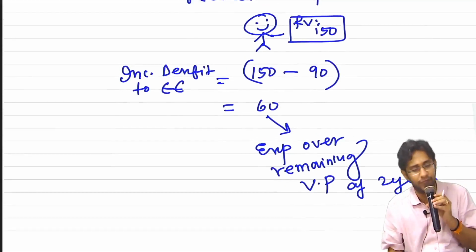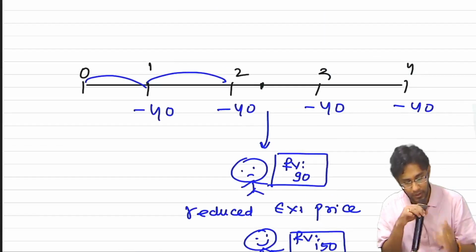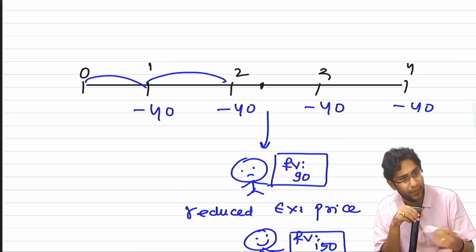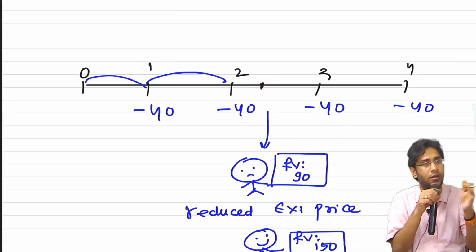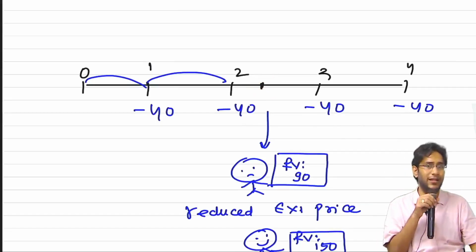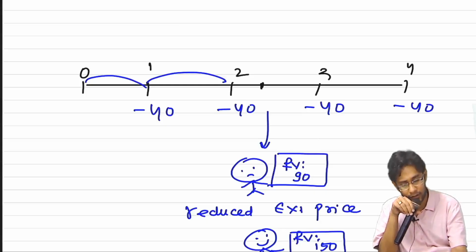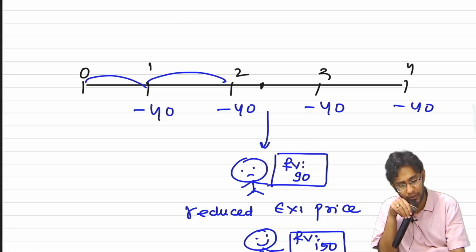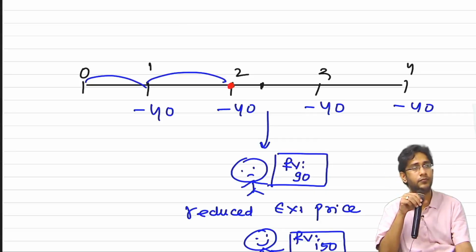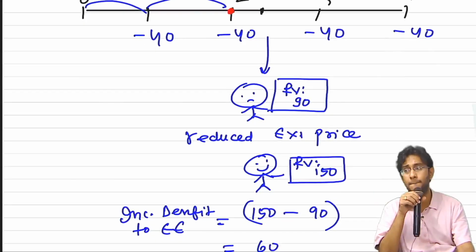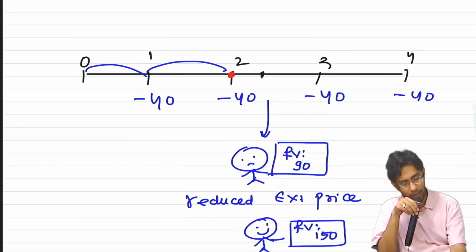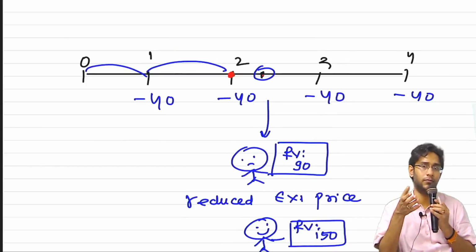Clear? Now I have a small question, try to answer that. In modification, I am telling you that it happened here, during the third year. Will your answer change if I tell you that a modification happened here? In the example I discussed, I assumed the modification happened in the third year.